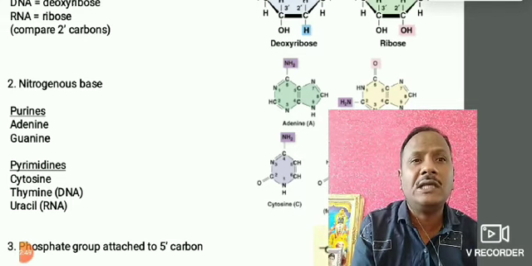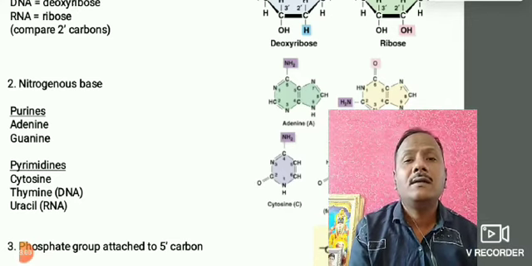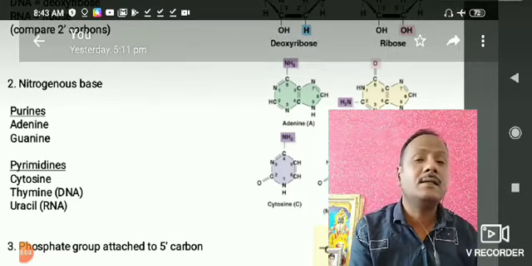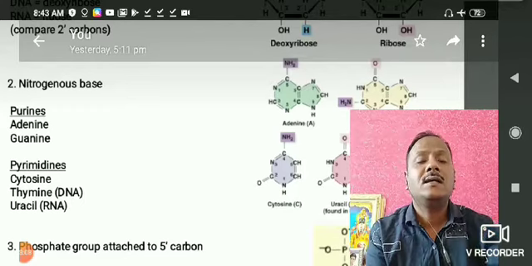Purine means double ring structure, and pyrimidine is a single ring structure. Adenine and guanine are double ring structures, and cytosine, thymine and uracil are single ring structures.